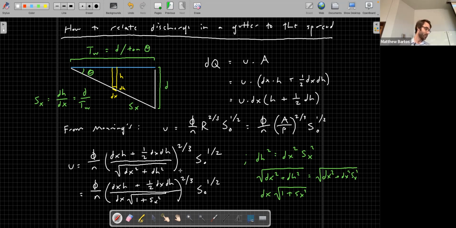For this bottom part here, how does the lateral slope s_x relate to 1? If we recognize that the lateral slope s_x is much, much less than 1, then this expression on the bottom essentially just becomes square root of 1.